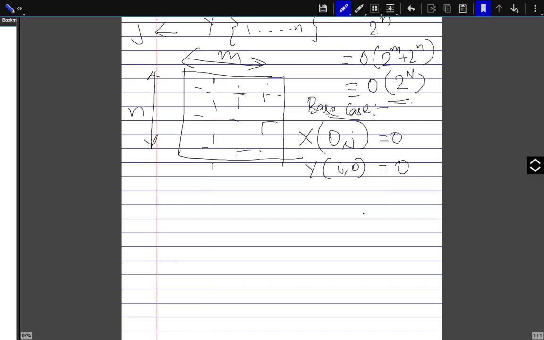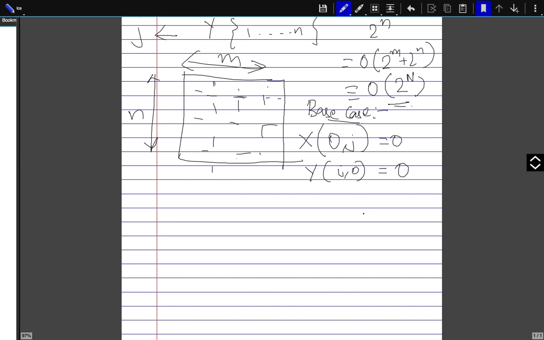Now, going away from the base case, what other cases can we have? There could be two obvious possibilities. One, if there is a match, and the second, if there is no match. So like any other dynamic programming based problem, we try to reduce the problem space.